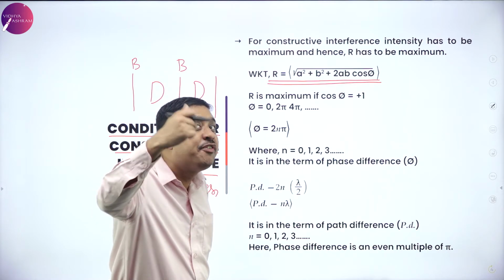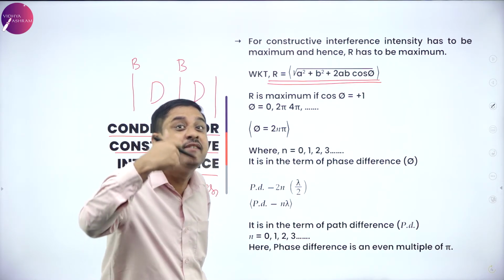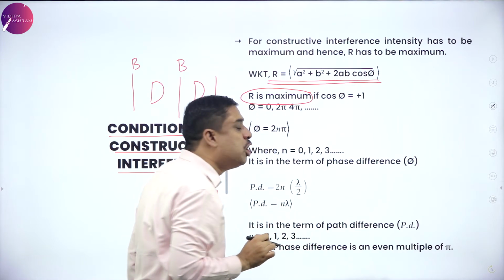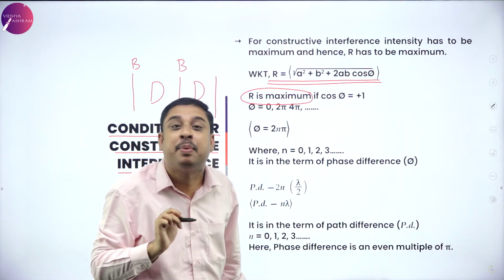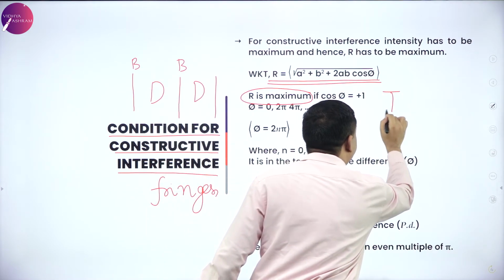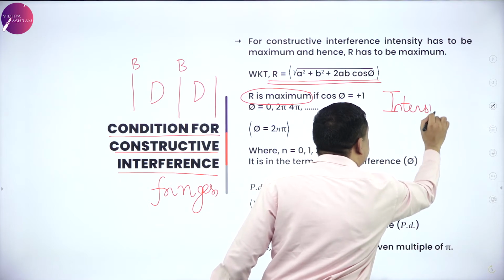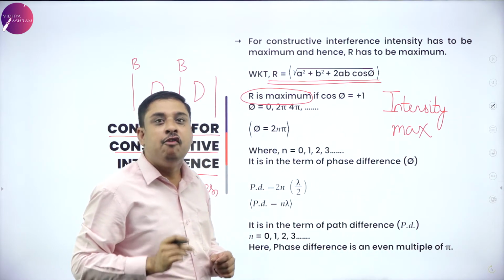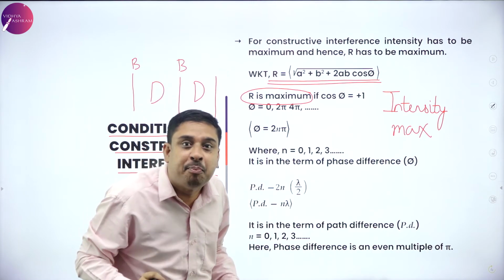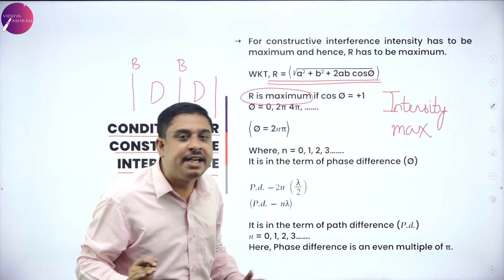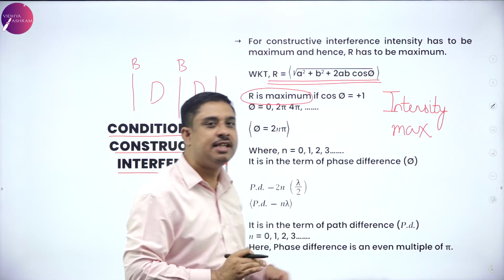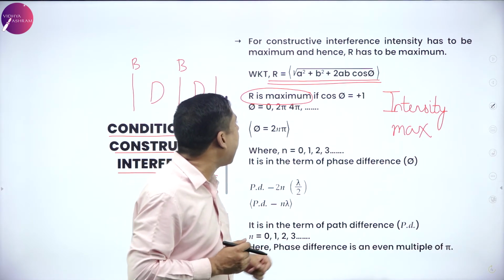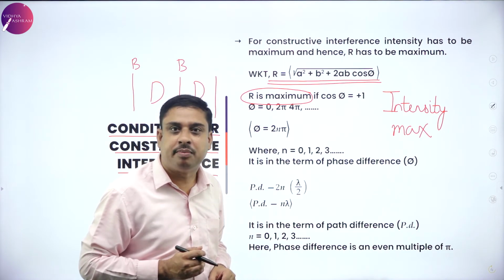Now I want a bright fringe to be formed, constructive interference to happen, which means the brightness, that is the intensity, should be maximum, which means the resultant amplitude should be maximum.